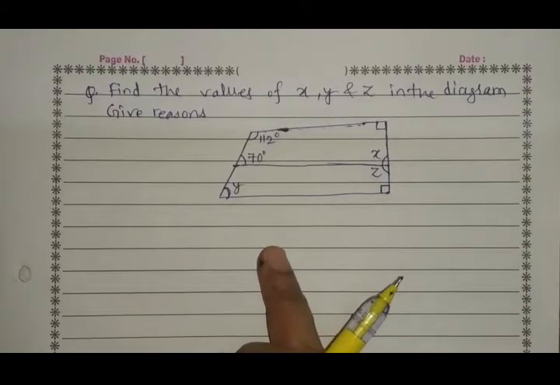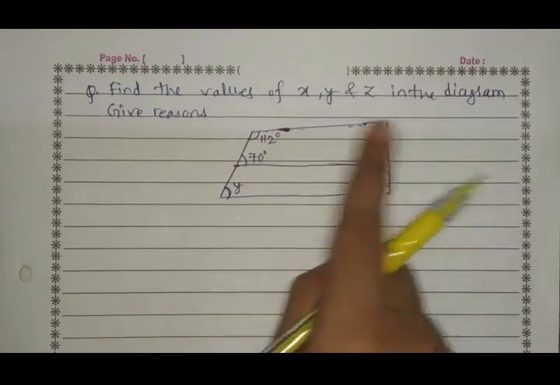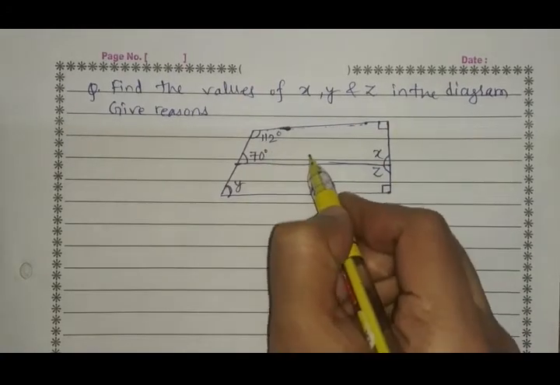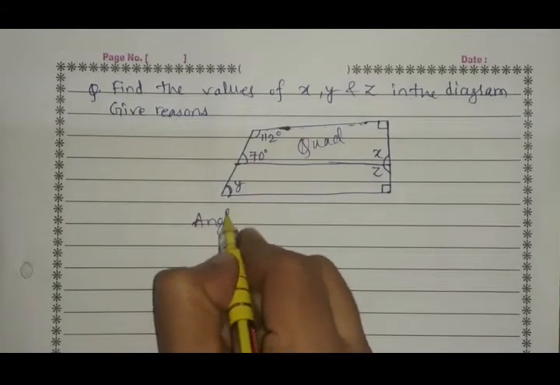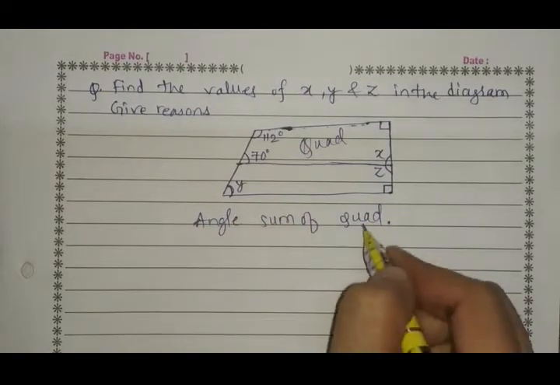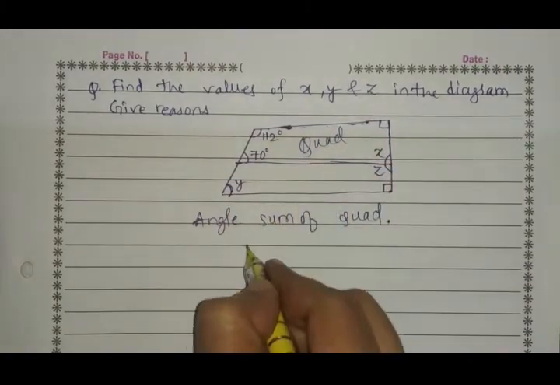So now here is one question: find the values of x, y, z in this diagram and give the reason. If we see here, this is a quadrilateral, so we use the angle sum property of a quadrilateral. The 4 interior angles sum to 360 degrees.